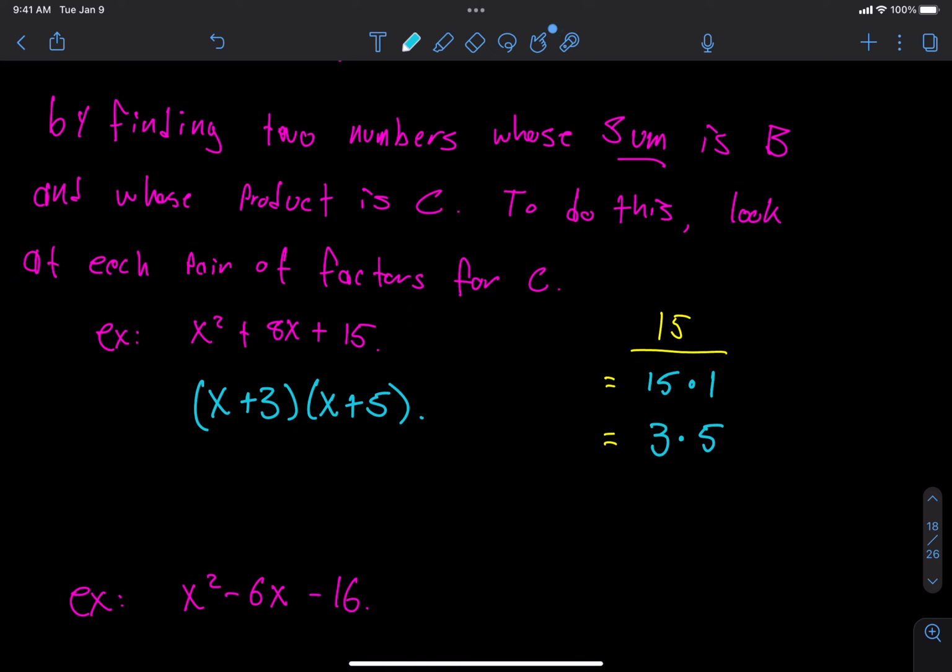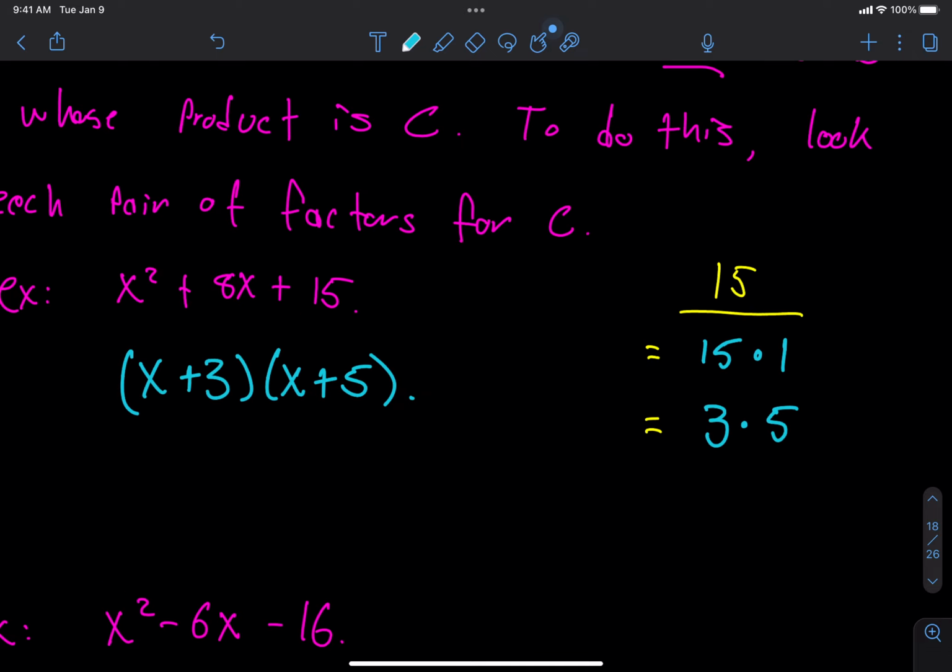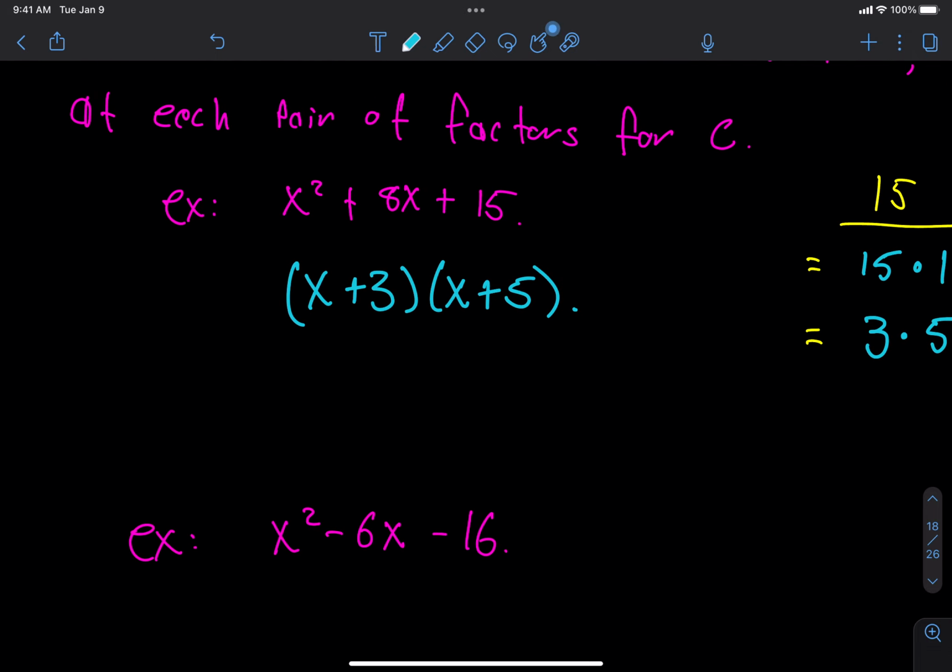Okay. So let me ask you all a question now. How can I check if I factored correctly? I can re-FOIL, right? If I FOIL this, then I should get back what I started with. So let's do that. If I FOILed it, I would get x squared plus 5x plus 3x, if I'm doing it in the correct order, plus 15.